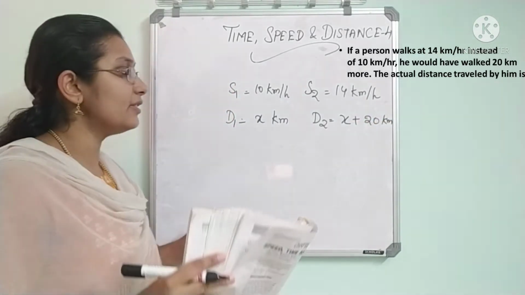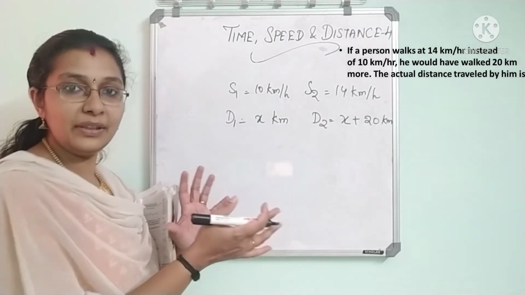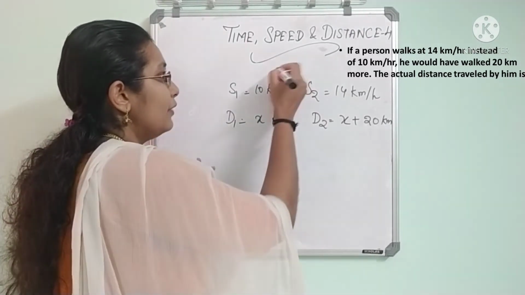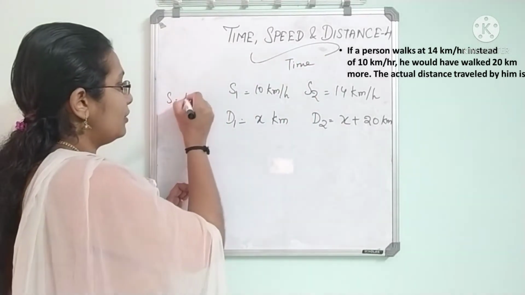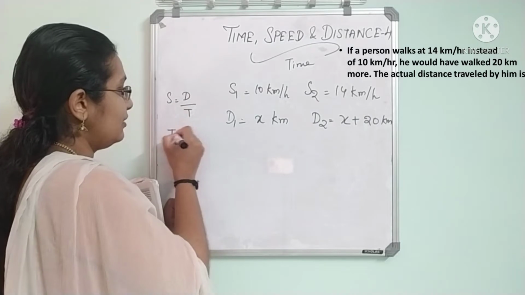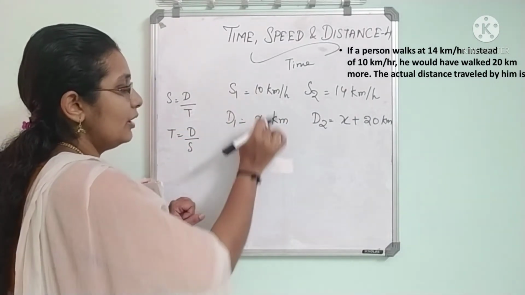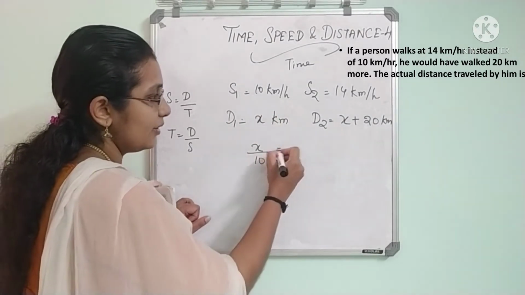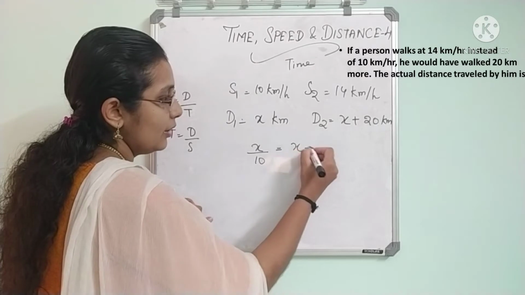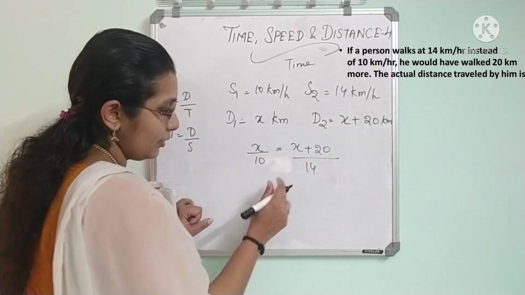Clear? Since there is no data given about timing, we will consider the time to be the same. So we are going to equate time. We know speed is equal to distance by time, so time is equal to distance by speed. Just equate this. Distance here is x divided by speed 10, which is equal to distance here x plus 20 divided by speed 14.